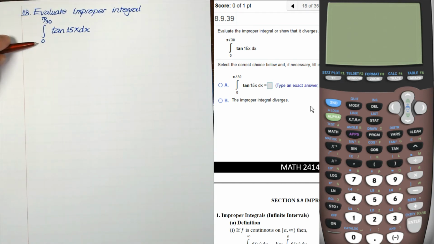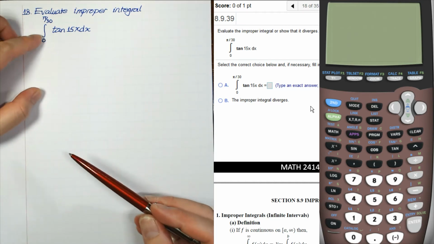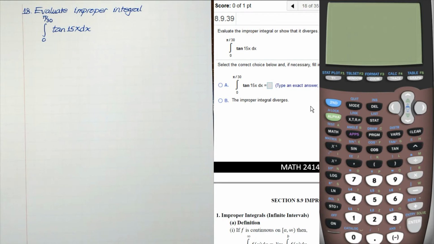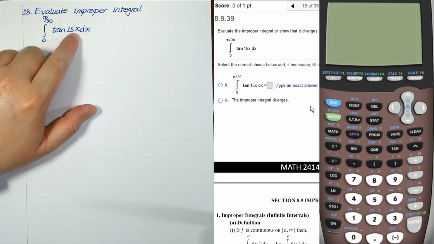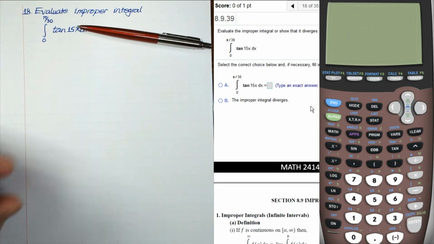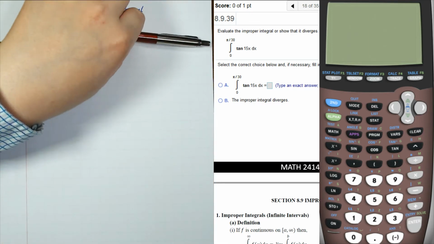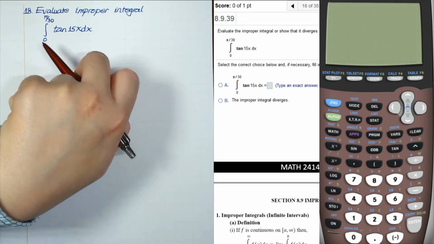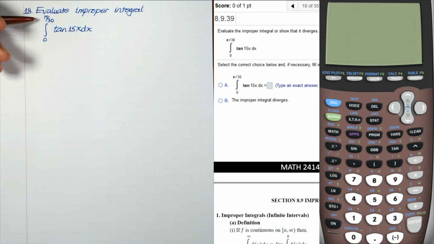So obviously there's nothing wrong with the limits, or it seems, right? Because we don't have infinity, we don't know what to replace, but we have the function tangent 15x. Now if we actually want to see, we have to put anything from 0 to pi over 30.